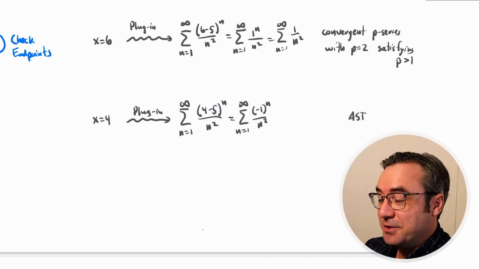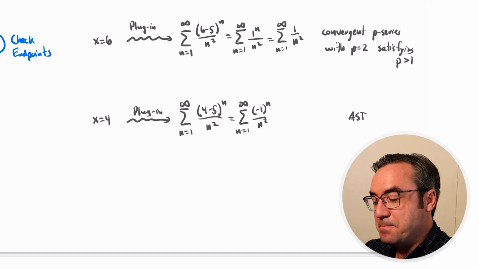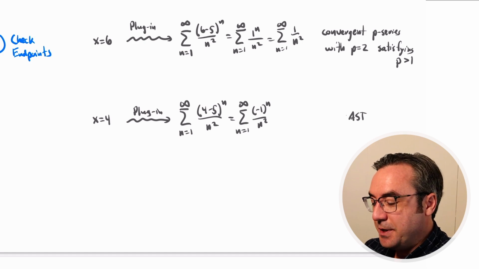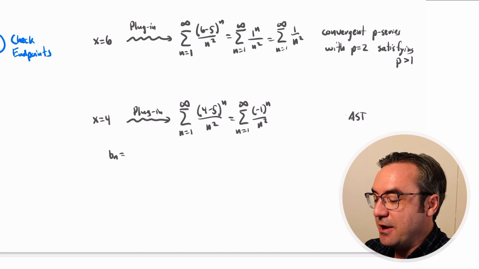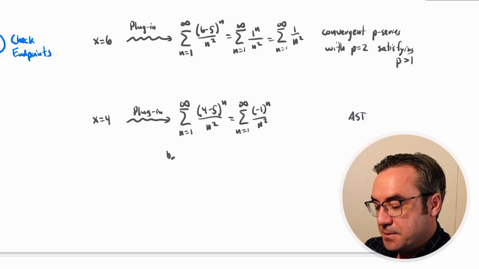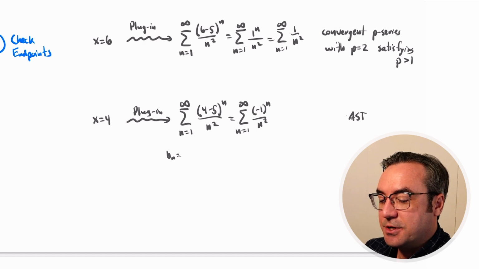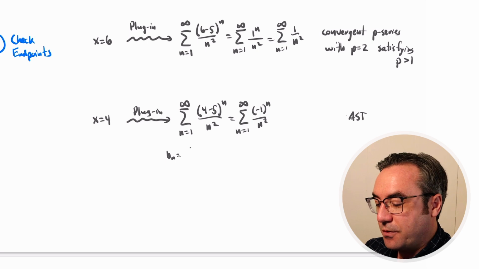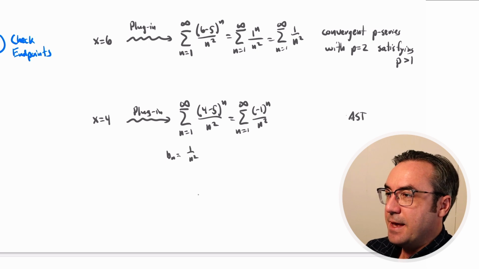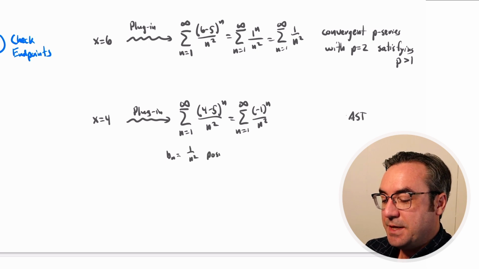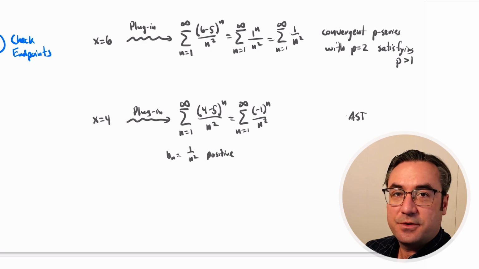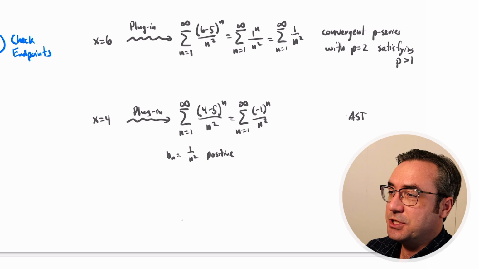All right, so how does our alternating series test work? Well, first thing we need to do is figure out what the non-alternating portion is. So the non-alternating piece of this is just the 1 over n squared. And we need the necessary condition for that. So it has to be positive, which it is.